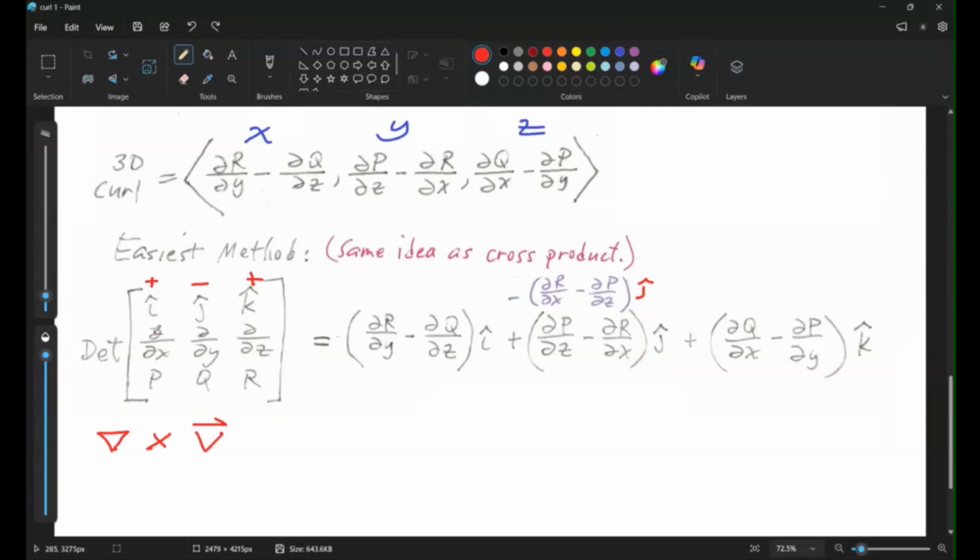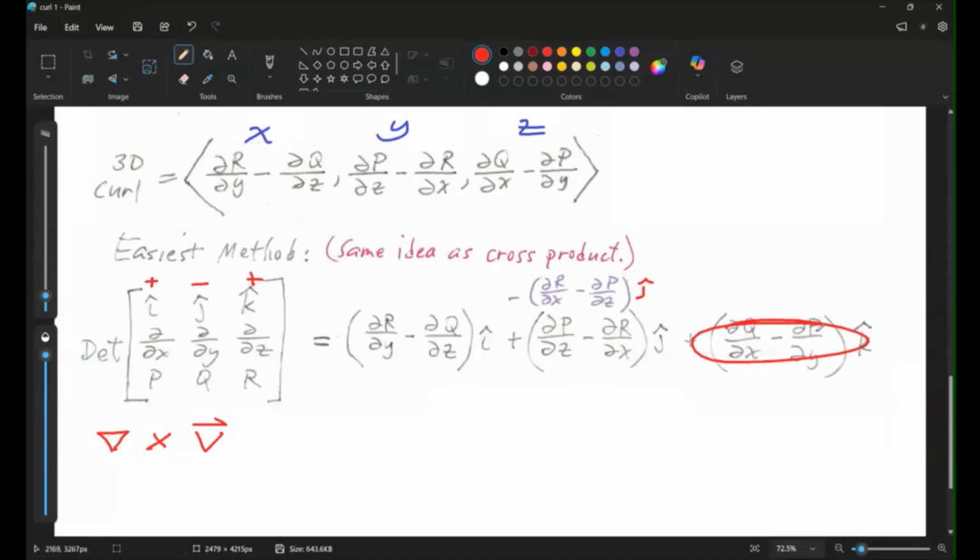Then if we do partial R, partial X, there we go, and then minus partial P, partial Z. If you distribute the negative to make it a plus, you just end up switching these two, so it's easier that way.